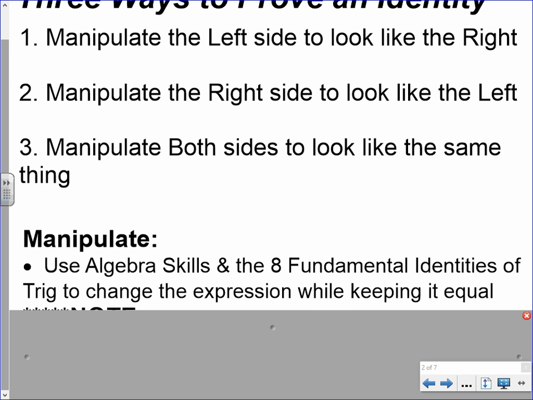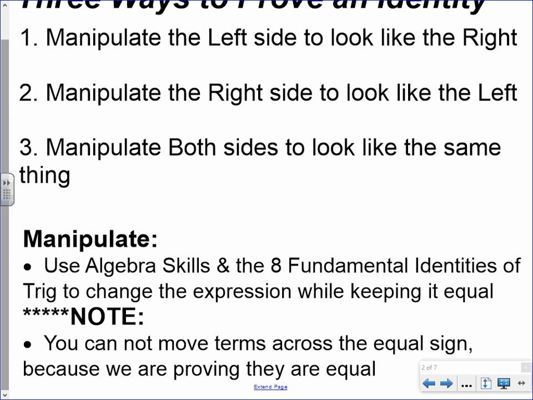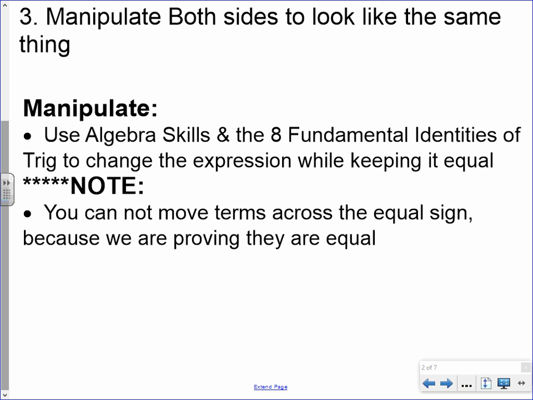Okay. Now, I do want to make a note. We are not solving an equation. We are proving identities. So it is not allowed to move terms across the equal sign. You have to keep things on one side or the other, like they cannot move.